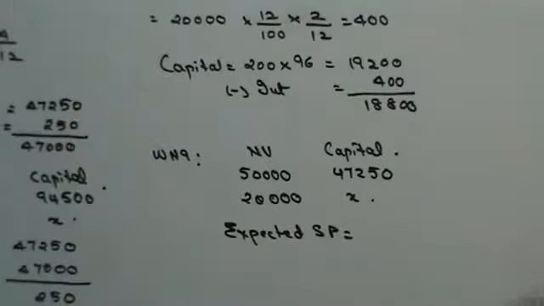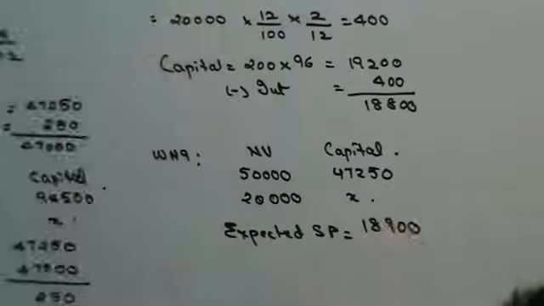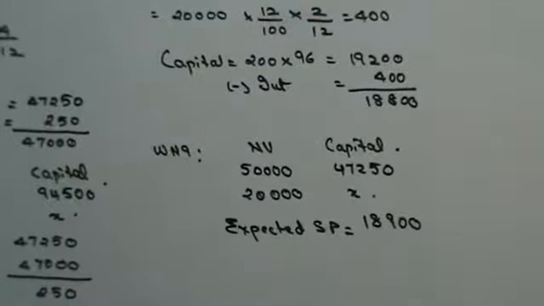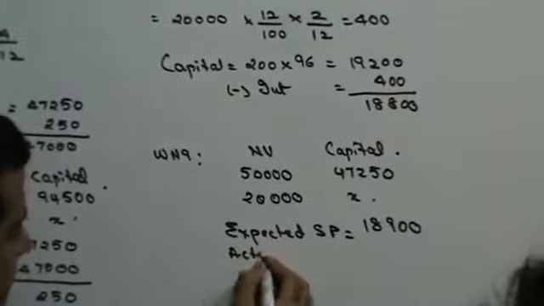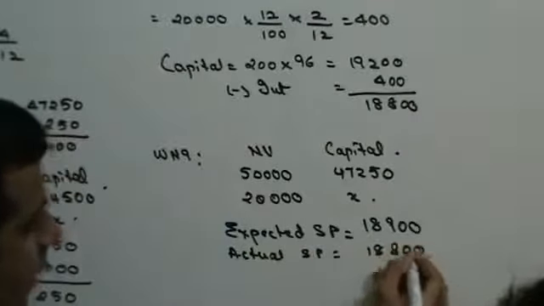Someone please help me get the expected selling price. 47,250 into 20,000 minus 50,000. 18,900. So I should have sold the securities for 18,900. That's my expected selling price. My actual selling price is 18,800.